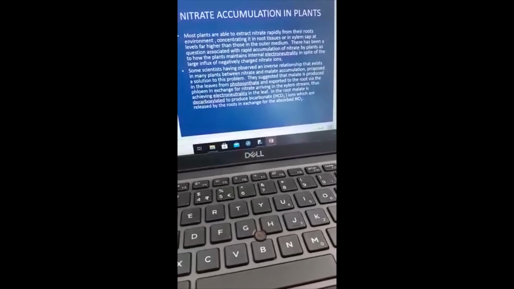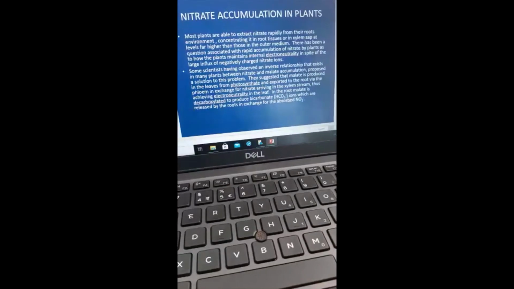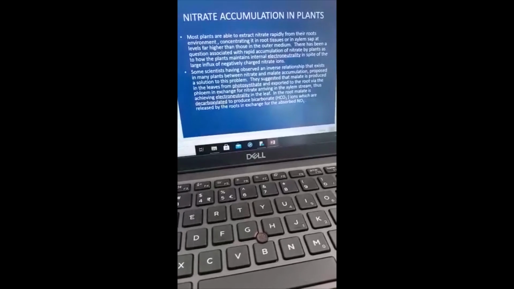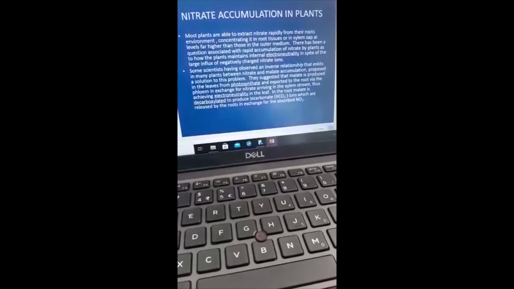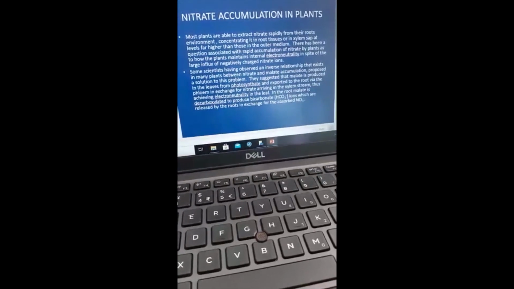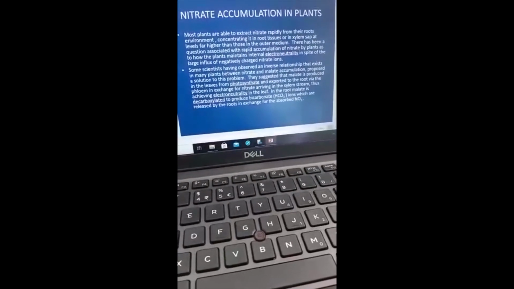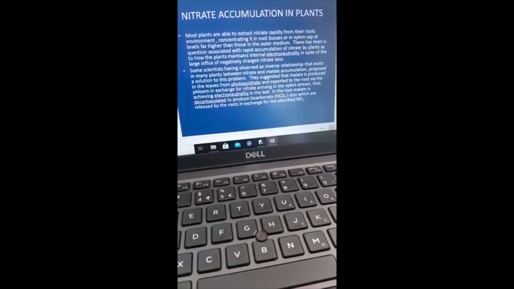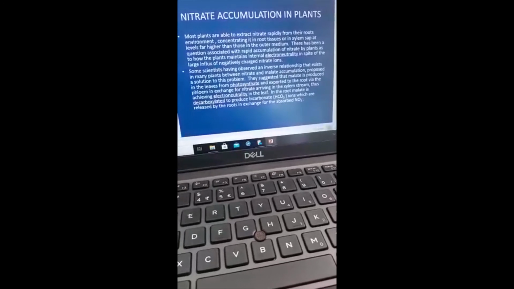The bicarbonate, which is negatively charged, is released into the soil. The potassium is free again, and it attaches itself to another incoming nitrate. So you can see the role of potassium is to transport. It picks up nitrate from the root and dumps it within the leaves. And within the leaves, it picks up malate and drops it in the root of the plant.